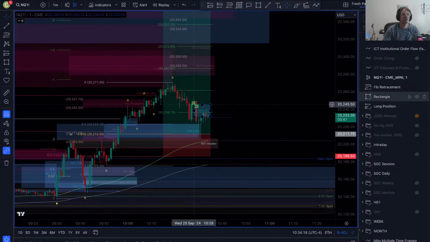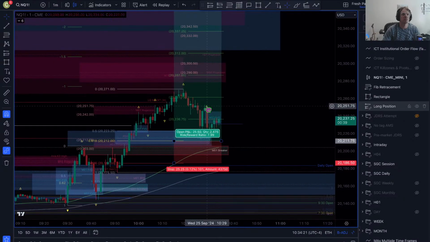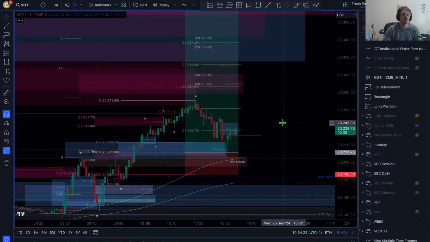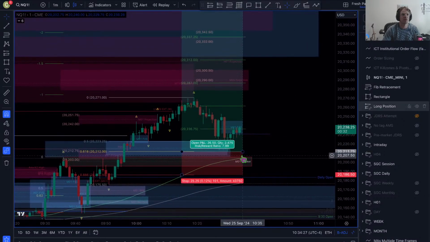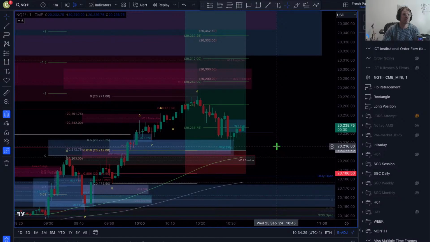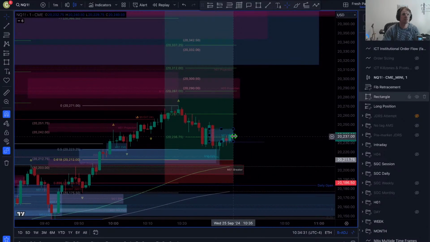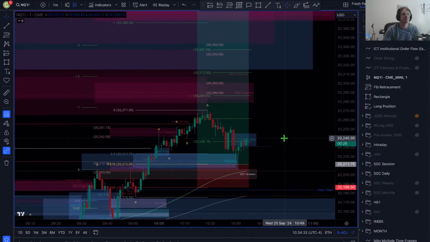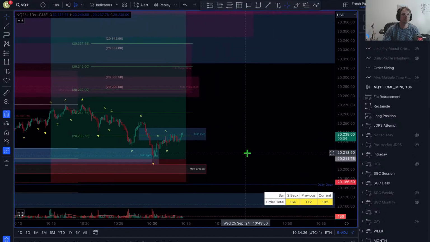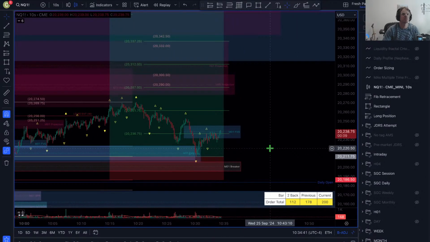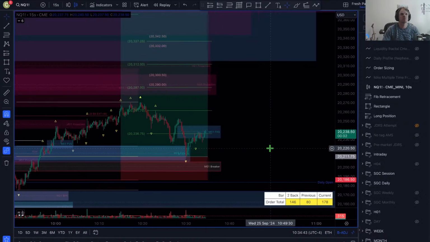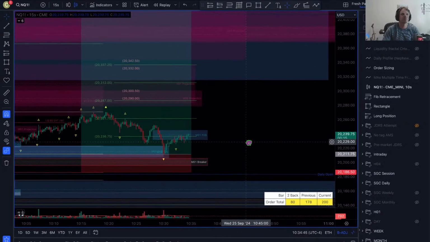Effectively, if it breaks that down candle in the M1 to create new structure up, then I'll look to trade the continuations on the S10. Right. So might miss this limit. Yep. Exactly. Precisely.